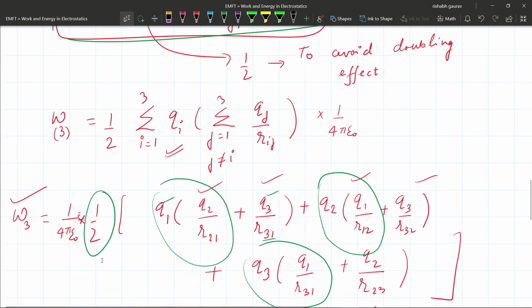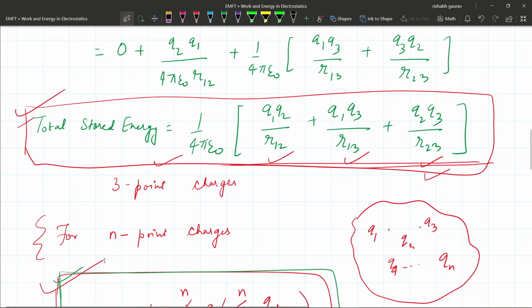Now one more point to be noted is that it doesn't matter how this charge configuration has been obtained. Either you start from q1 charge, or you can start from qn charge or q4 charge. Doesn't matter how you collect the charges, the total stored energy will always be the same.